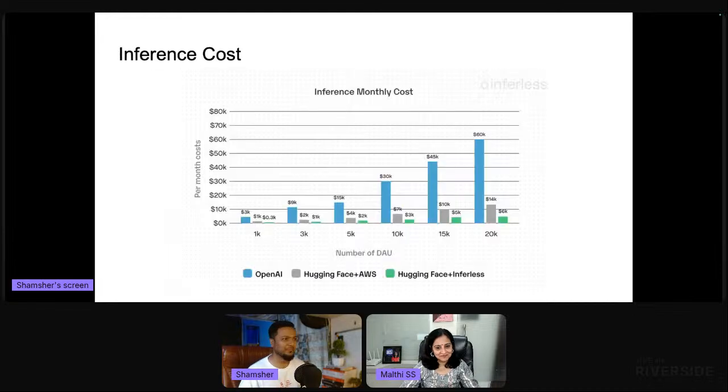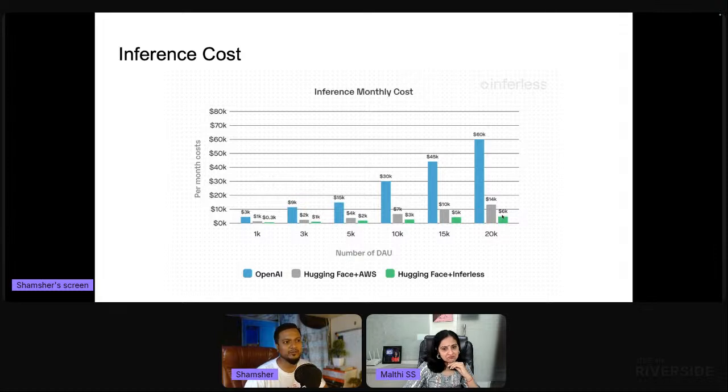Now, some real statistics that I found based on inferencing monthly cost. These are the number of daily active users, and this is the per month cost. Depending on how many users OpenAI is handling, the blue is OpenAI, 20K daily active users is actually costing OpenAI approximately $60K, right? So multiply by 20K, now they have 500 million users.